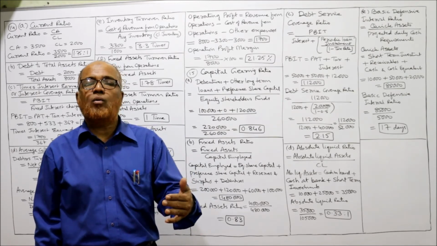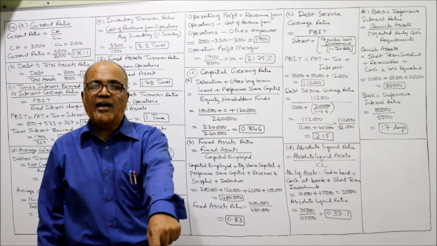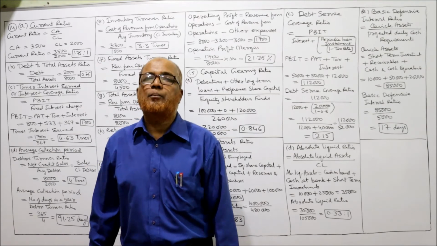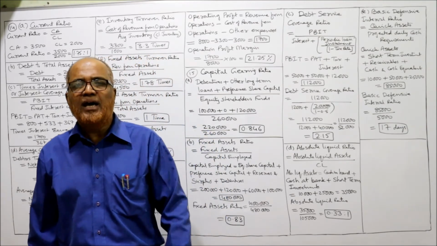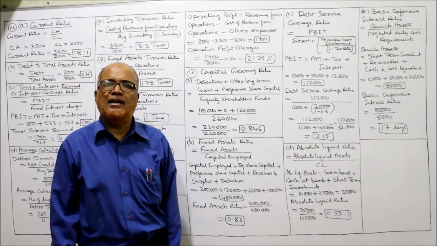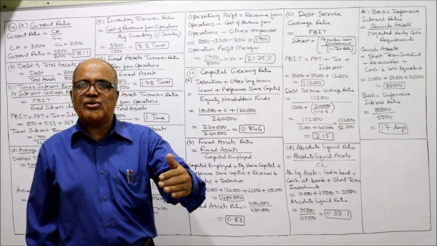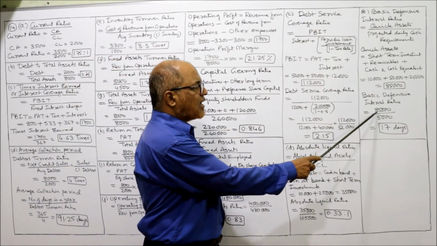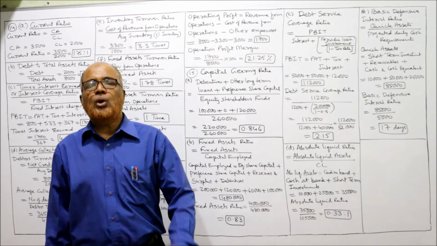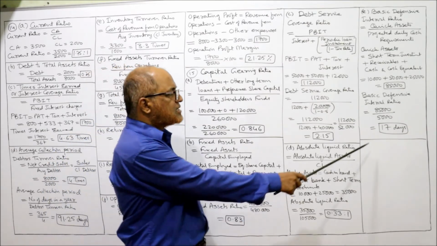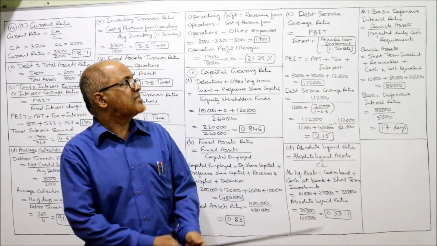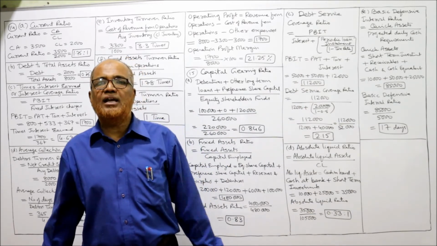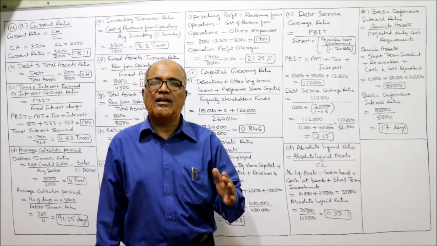It is given in the last paragraph of the problem: every day 5,000 rupees is the daily cash requirement. So 85,000 divided by 5,000, 17 days. That means the basic defensive interval is 17 days.